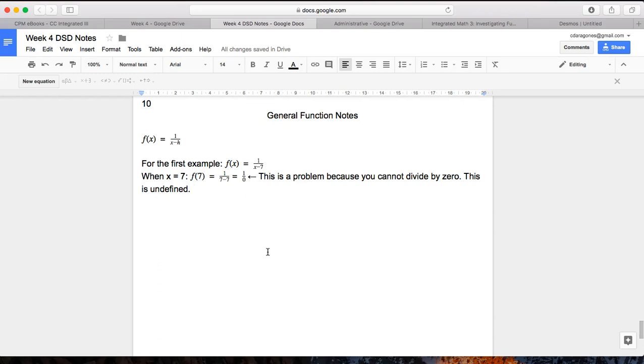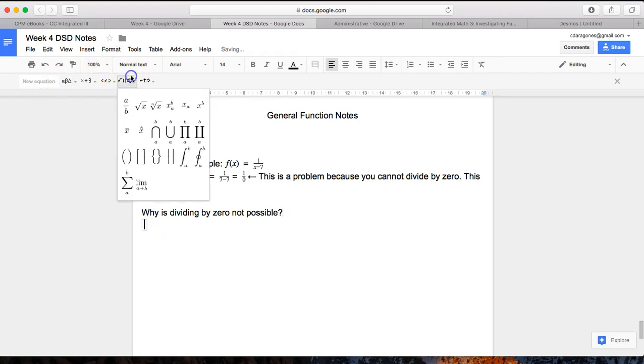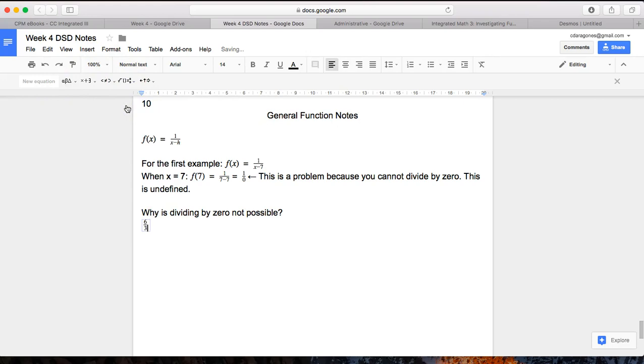Okay, so the reason why anything divided by 0 does not work is if we look at it this way. Why is dividing by 0 not possible? Well, let's say we did 6 divided by 3. 6 divided by 3 is equal to 2, right?